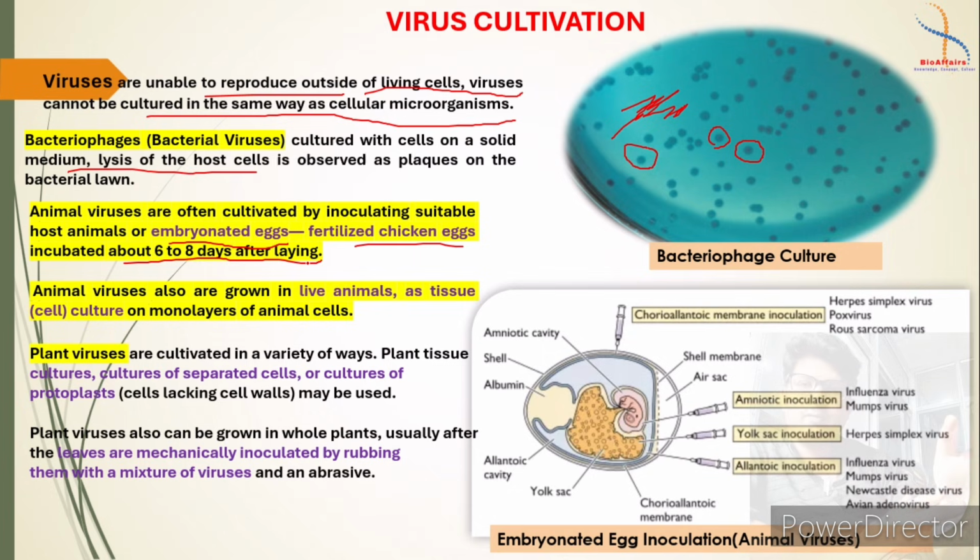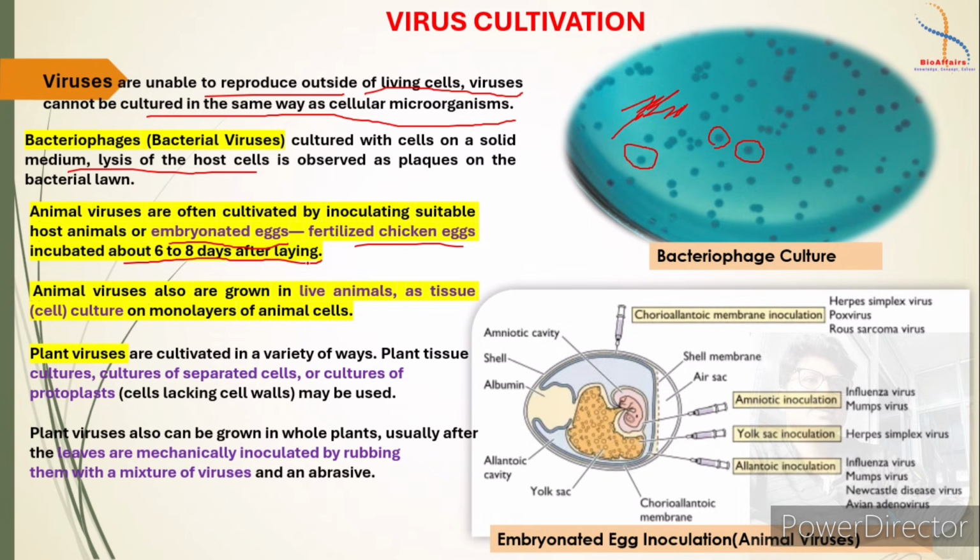I have given a picture showing which virus should be inoculated where, because all the viruses have their own preferred tissues or zones where they infect. That is why when you want to isolate a virus from a sample, you have to culture it in a preferred zone or tissue where it wants to grow.